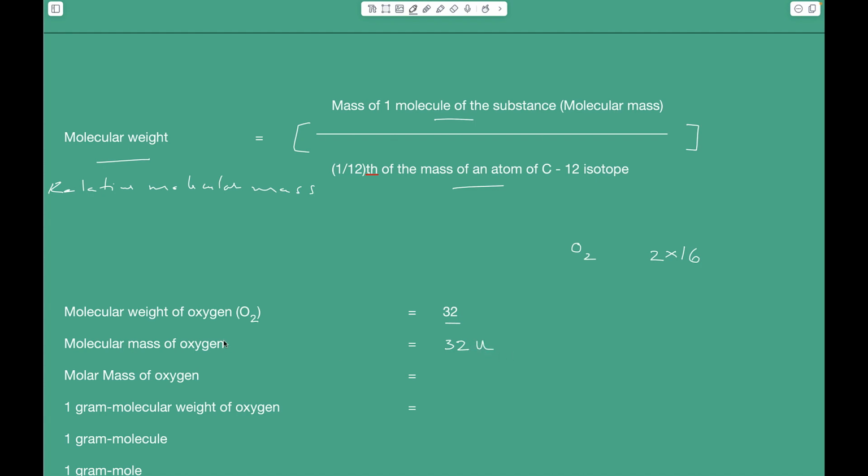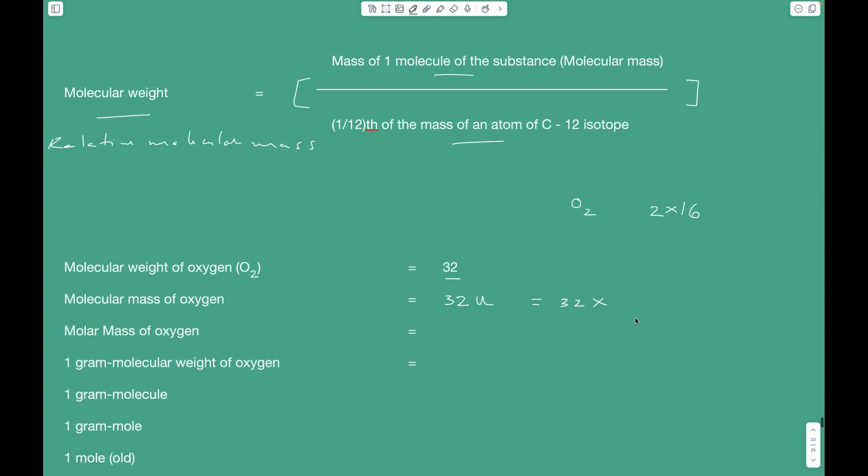So the molecular mass of oxygen is simply 32 u. And if you want to express it in kilograms, you know 1 u is equal to 1.66 times 10 to the power of minus 27 kilograms. So this will be the mass of one oxygen molecule in kilograms.